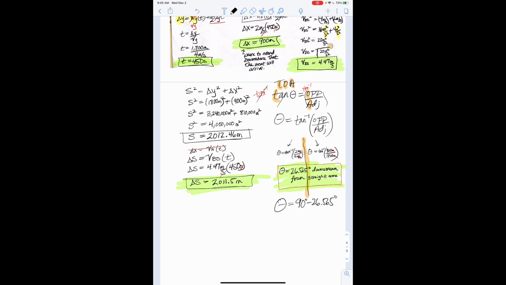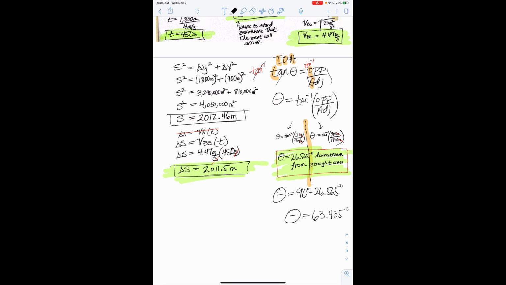That's going to be like 63, right? 0.435, I think. Trust my mental math there. I'm going to plug it in the calculator just to confirm, but I'm pretty sure I'm right. All right. Yeah, of course I'm right. Theta equals 63.435 degrees.